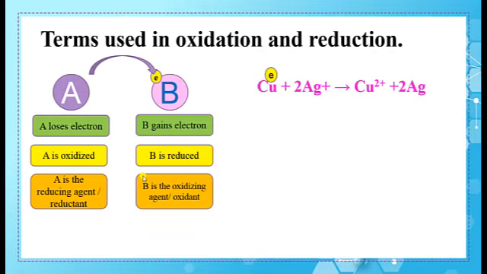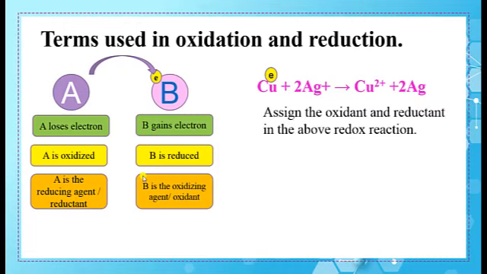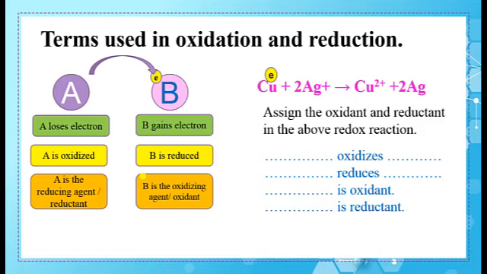Another example. Here we have a reaction between copper and silver ions. Cu plus 2Ag+ gives Cu2+ plus 2Ag. The question is to assign the oxidant and the reductant in the above redox reaction. First, the electrons will move from Cu to Ag. Since electrons move from Cu to Ag, Cu loses electrons, so it undergoes oxidation.